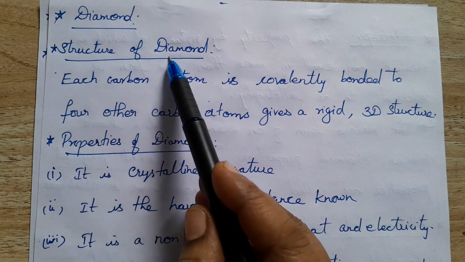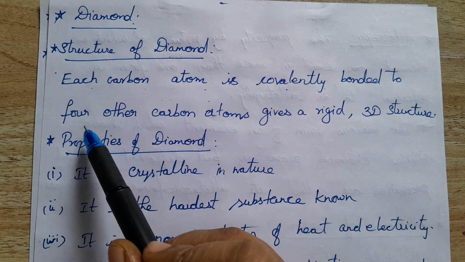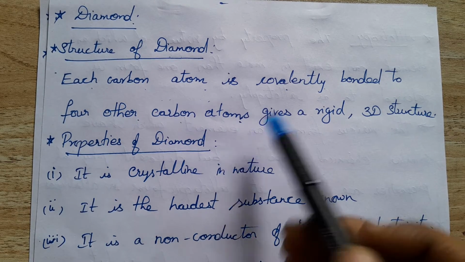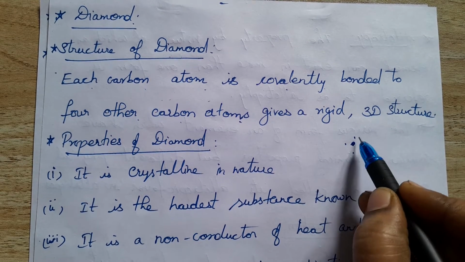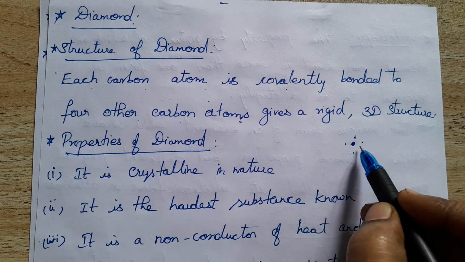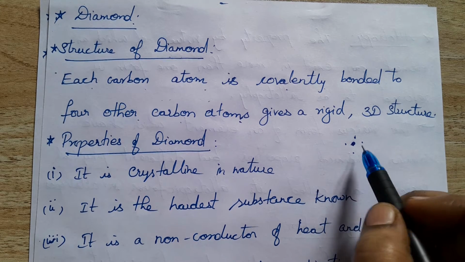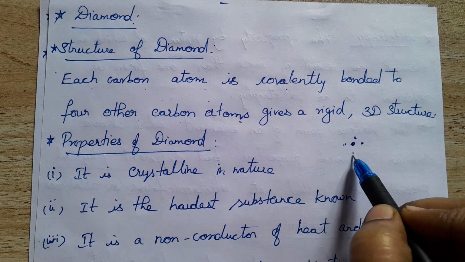Structure of diamond. You know that carbon valency is 4, right? So how the structure is formed here: each carbon atom is covalently bonded to 4 other carbon atoms. So a carbon has 4 valence electrons, right? So each carbon atom is bonded with another 4 atoms. Here one carbon atom, here one carbon atom, here one carbon atom.